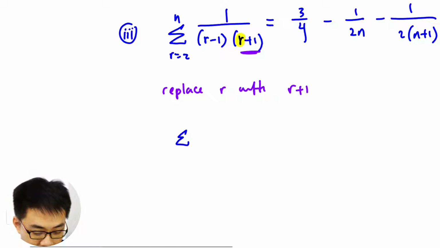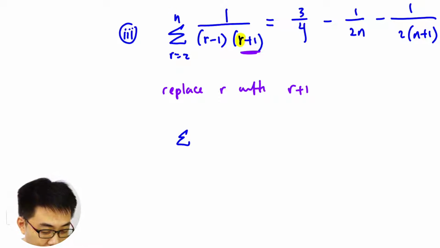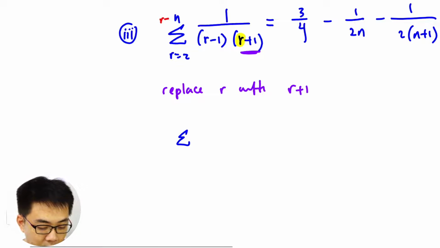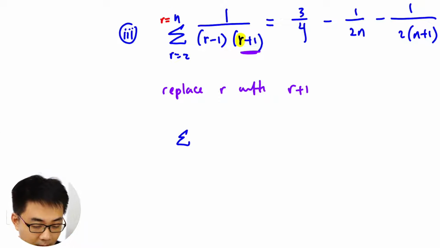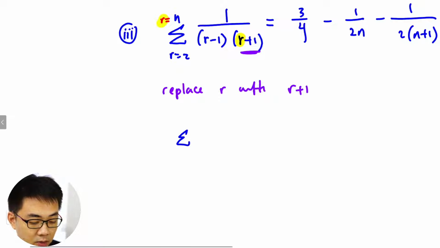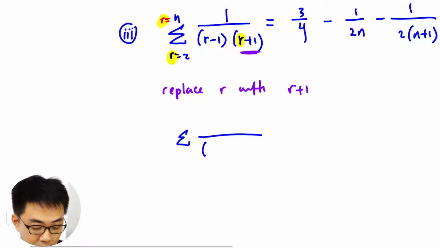So don't forget that this is r equals to n. When you replace r with r plus 1, this needs to change to r plus 1 as well. A lot of times students forget this part here. This is where the mistake comes in. R plus 1 minus 1 is r, so this is r. You change this to r plus 1, this will be r plus 2 here.